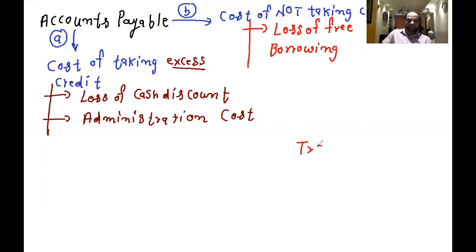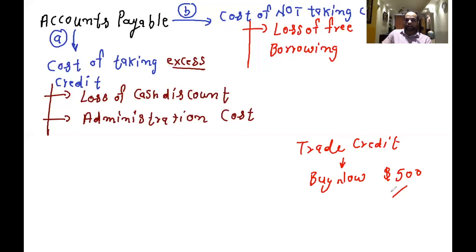You remember in the last topic, topic 6, we studied trade credit. Trade credit means you buy now, the inventory value is 500, and you pay this 500 later.